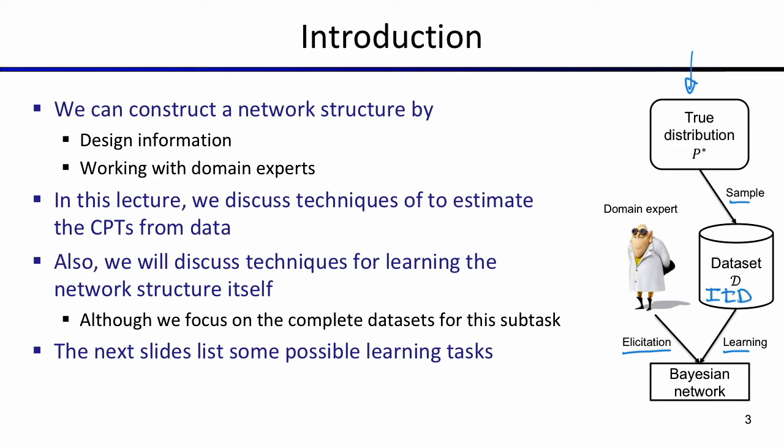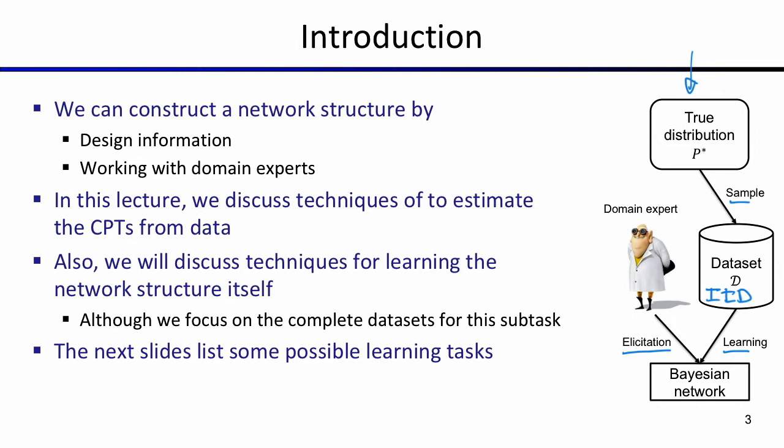It means that the sample is independent and identically distributed. By independent, we mean that the observation of one instance will not change the probability of observing another instance. So they are independent of each other. And identically distributed means that all those instances came from the same distribution, that is the distribution P star.